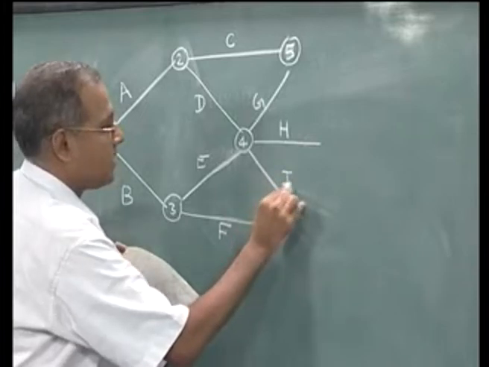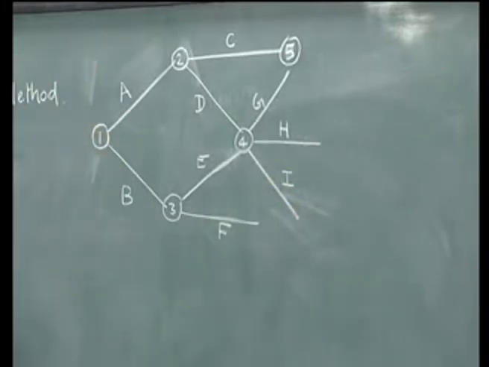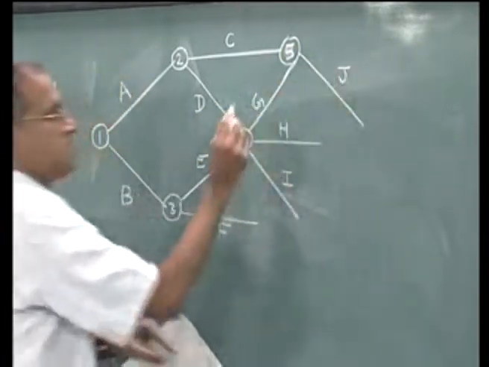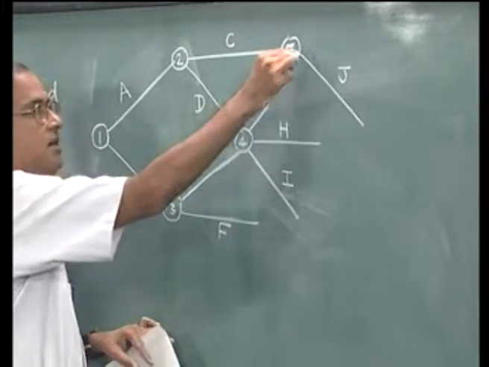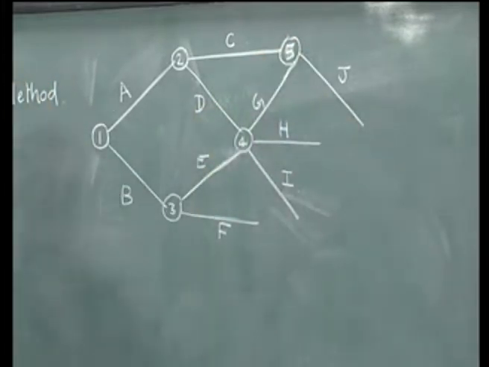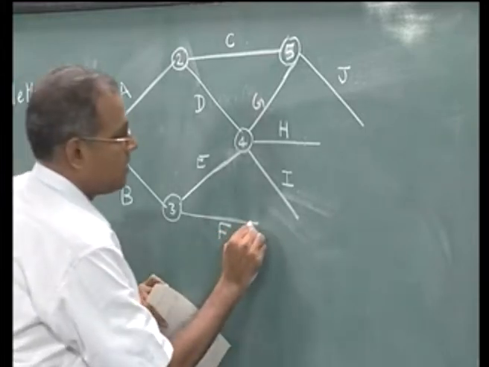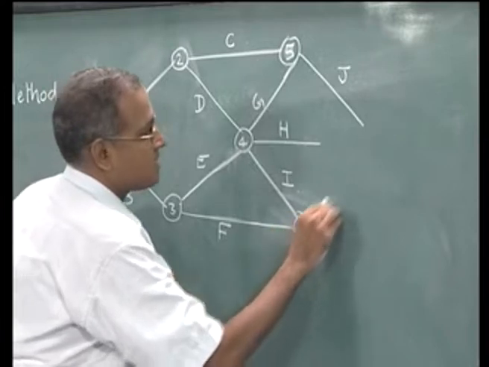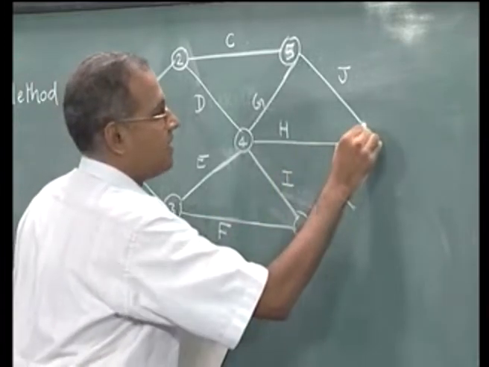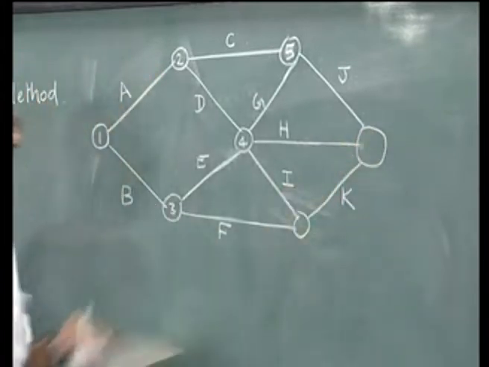So, I goes like this. Now, for J it is C and G. So, this is C and G. So, now J comes here because C and G are over here. Now, for K it is F and I. So, this is K with F and I, and finally, this is where the project ends.